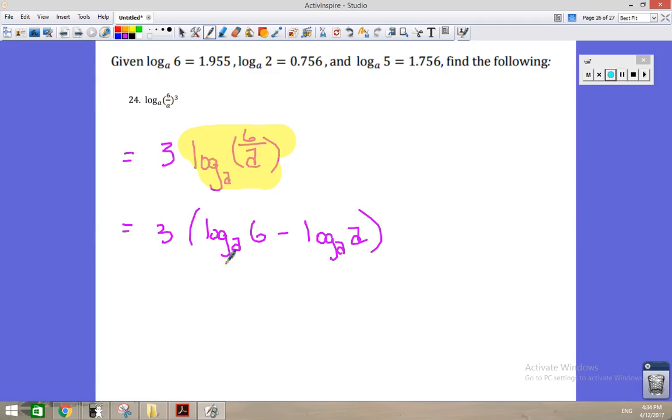So I need parentheses around that because that whole thing gets multiplied by 3, not just part of it. So you can see up above the whole thing, 3 times this. Well, both of these get multiplied by 3, so I have to distribute. And I've got 3 log base a of 6 minus 3 log base a of a.